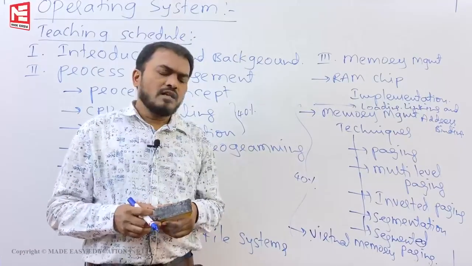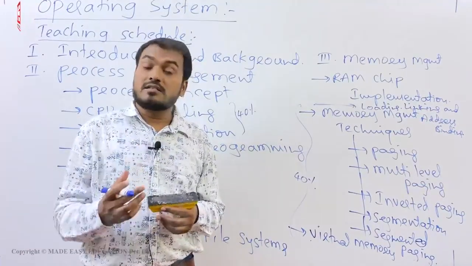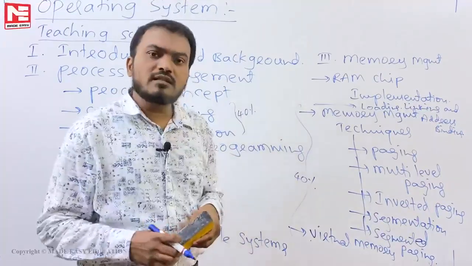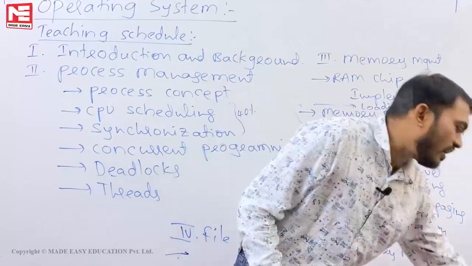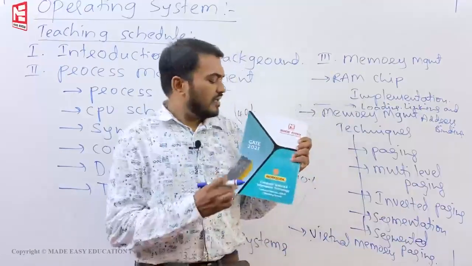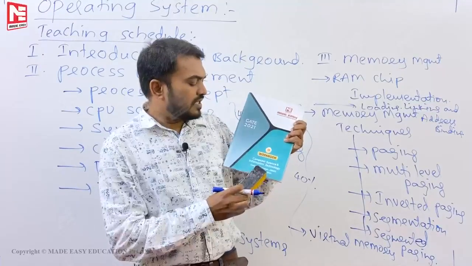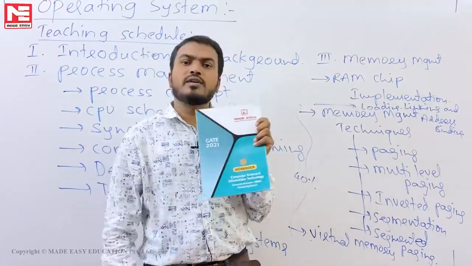Next, now coming to the important instructions. Remember, with the course we are providing the workbook. I think all of you have this workbook. You can see this GATE 2021 workbook, a mix of 3 subjects: computer networks, DBMS and operating system.